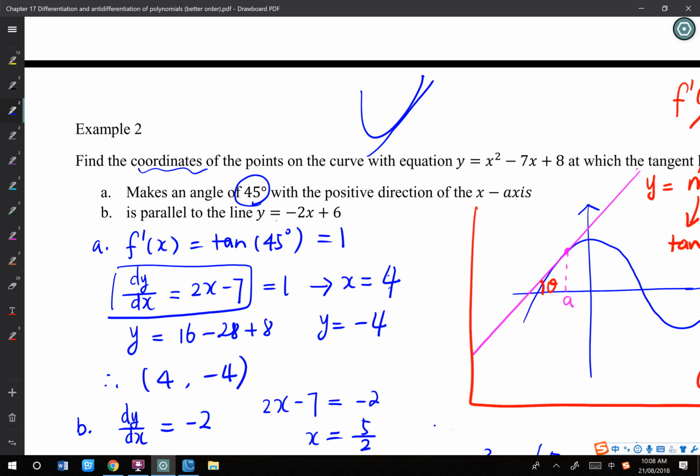The gradient of the tangent is the derivative. It's not the graph, it's the derivative. So that's why I need to say derivative equals 2, derivative equals 1. The derivative notation is dy/dx, f dash x.